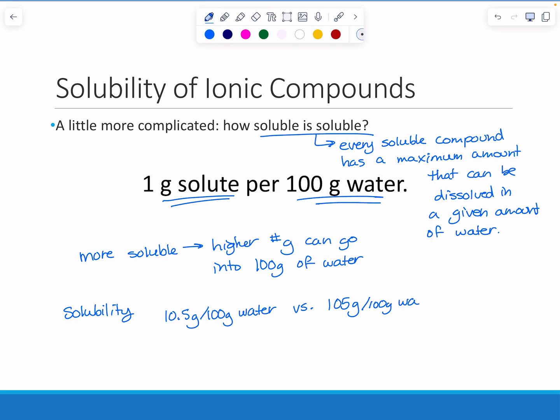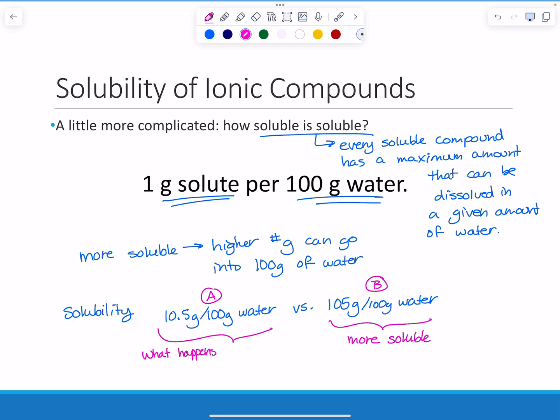What we would say is this compound is more soluble. Now, we'll call these compounds A and B. What do you think happens if I try to dissolve 12 grams in water?